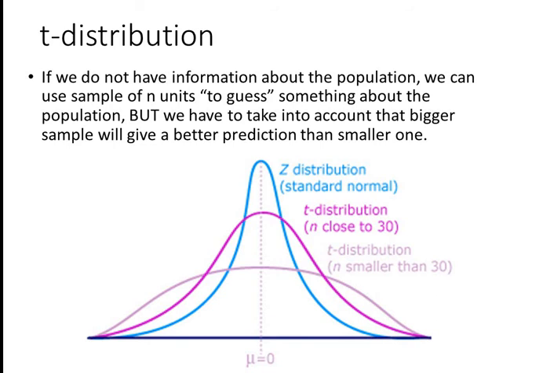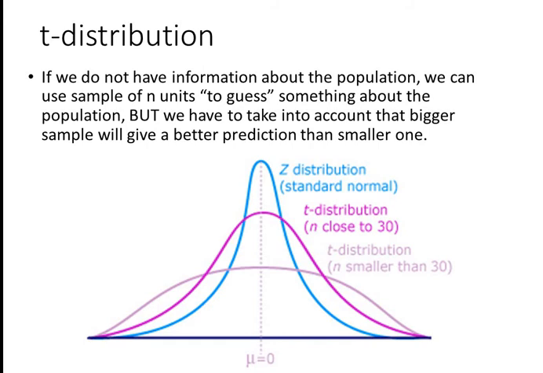So the t-distribution is used to take into account our sample size when we make conclusions about the population. So the bigger the sample size is, of course, the better. A bigger sample size means that the t-distribution will be closer to the normal distribution.